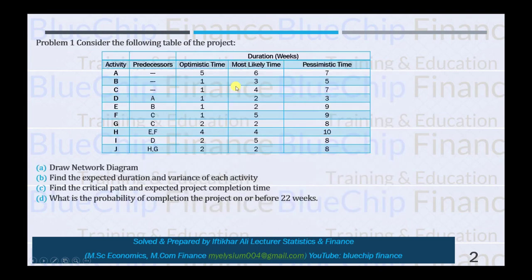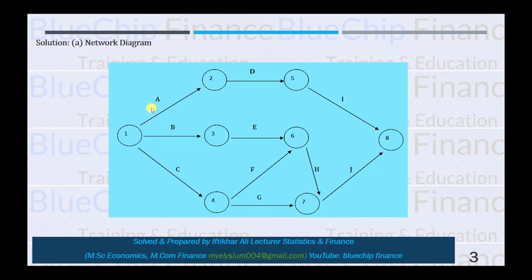After that, you can see that activity E starts from where activity B ends. So activity E starts from node 3, where activity B ends.